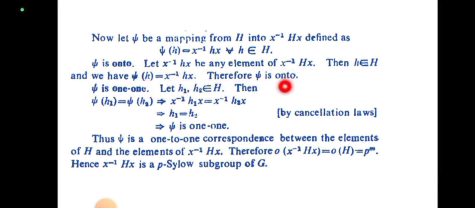Therefore, psi is onto. Now, to prove psi is 1-1, let h1, h2 belong to H, then psi(h1) is equal to psi(h2) implies x inverse h1x is equal to x inverse h2x. x inverse and x will get cancelled by cancellation law, so h1 will be equal to h2. This implies that psi is 1-1.